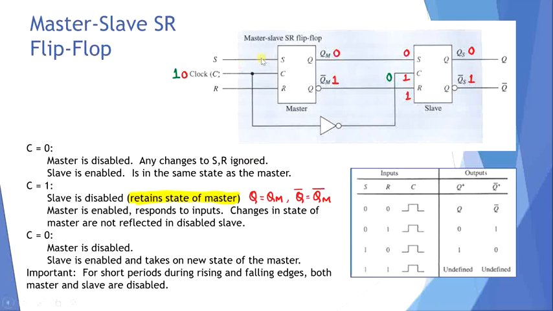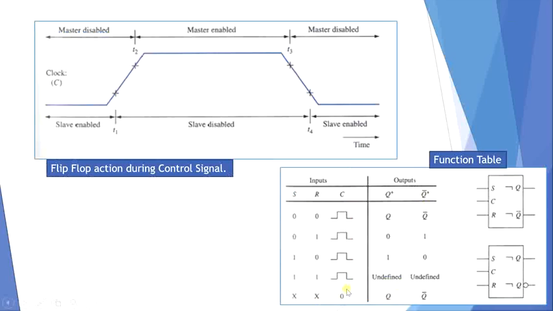Though I get the 1, 0 combination and clock input is 1, here I might get S and R as 1, 0, but the clock is equal to 0. When the clock is equal to 0, irrespective of the input that I get, the output should be the same as the previous state, that is Q and Q bar.